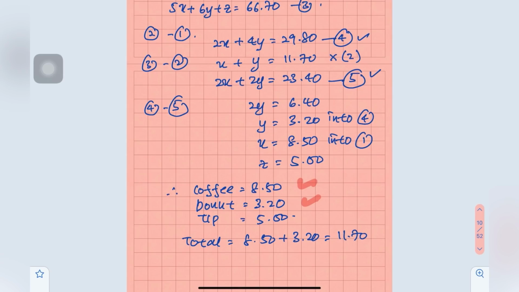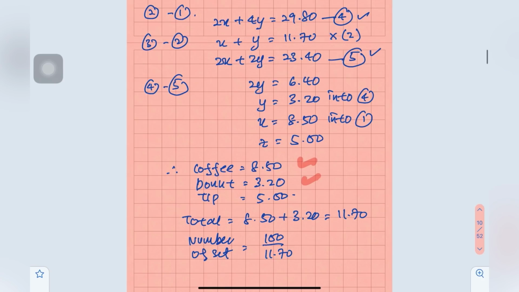Okey, dia allocates RM100. Jadi kita bahagikan lah. So number of set, RM100 bahagi dengan RM11.70. Okey, ini kita akan dapat 8 point something lah. Jadi kita ambil sebab dia number of set kan. Okey, so kita akan dapat 8 set.